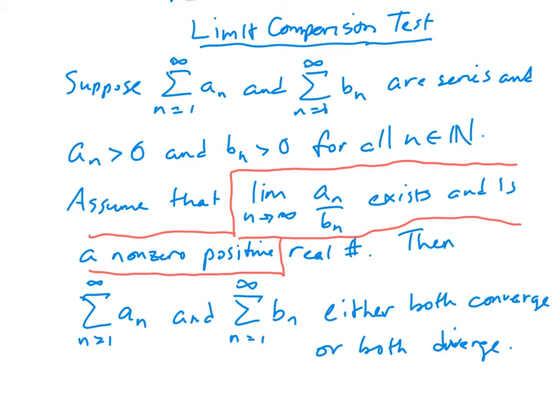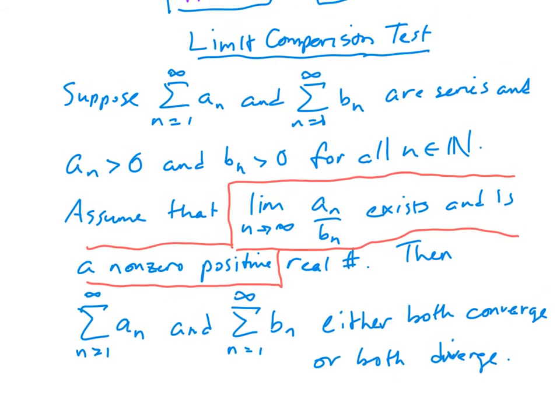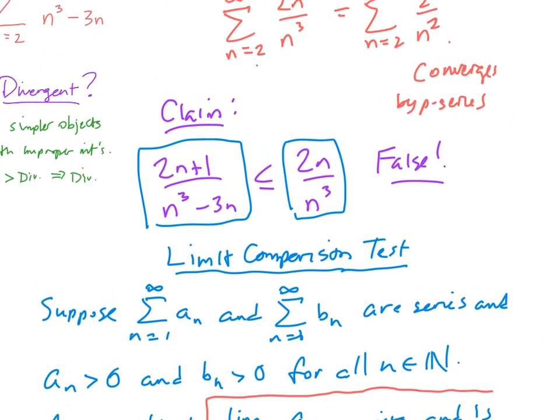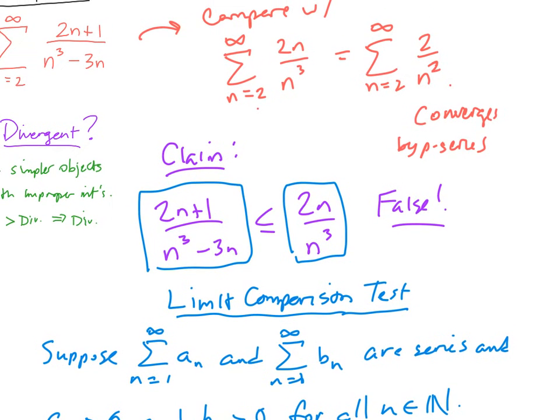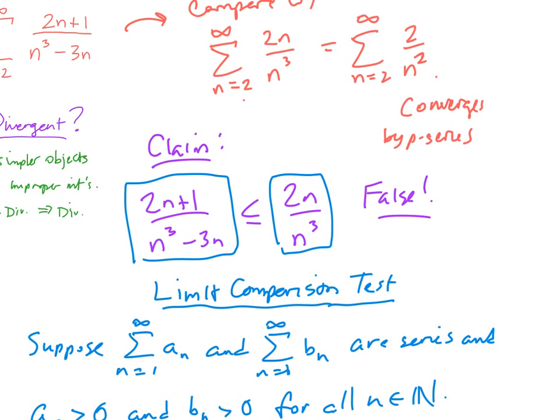So why would I introduce something like this at this point? Well, the thing I wanted to compare this 2n plus 1 over n cubed minus 3n to, I wanted to think of as my a sub n. A sub n is 2n plus 1 over n cubed minus 3n. And this was my b sub n, the much simpler 2n over n cubed, where I could just set up that series and immediately know that it converges, right?